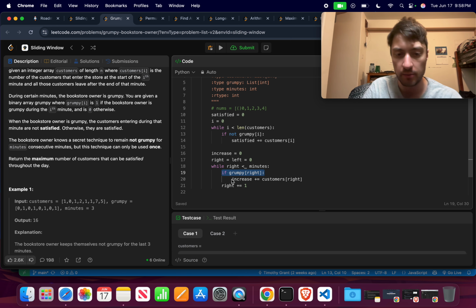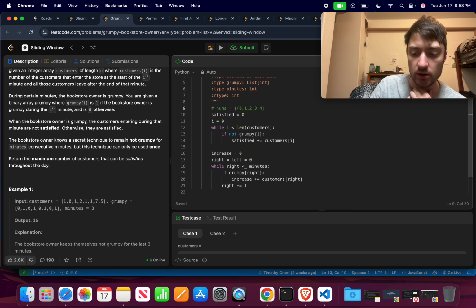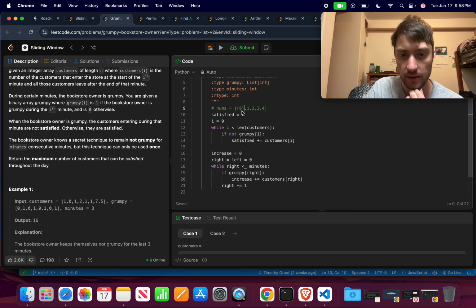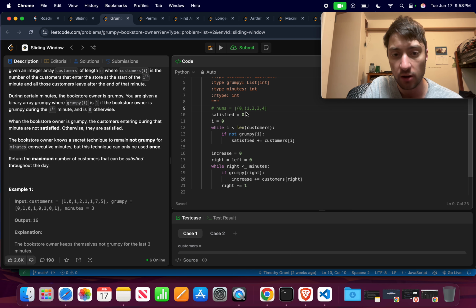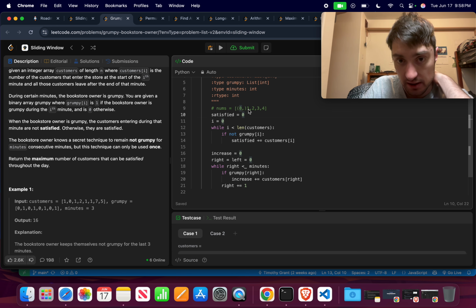So now what am I going to do? I'm going to add this to my context, which means I'm adding this element here to my context. Then I do right plus equals 1. So I'm on my 1th element or index, but I have not added it to my context.